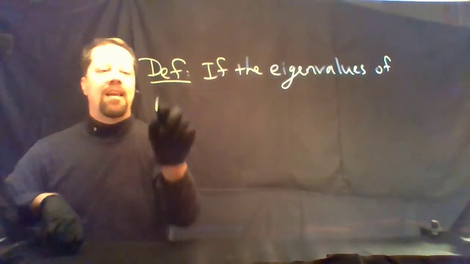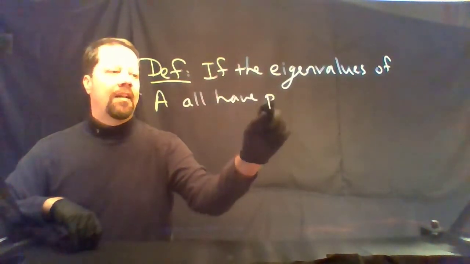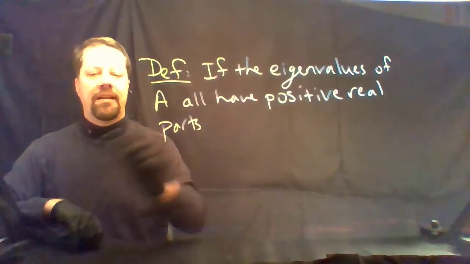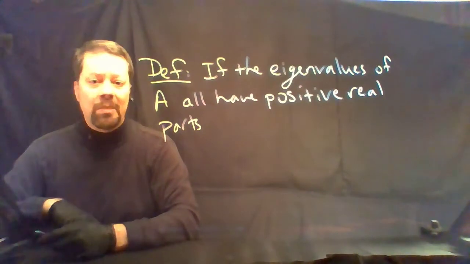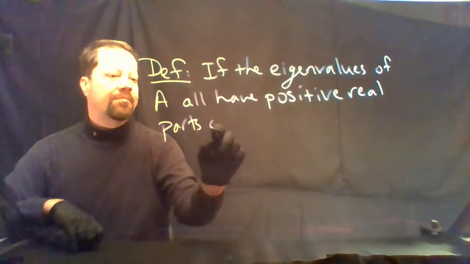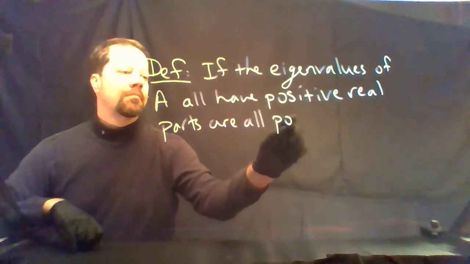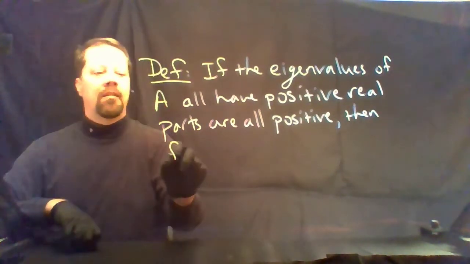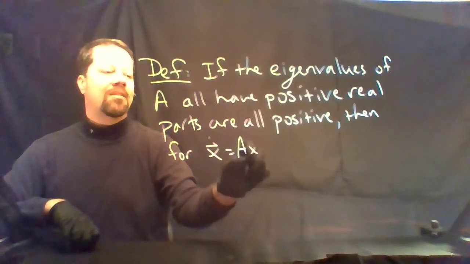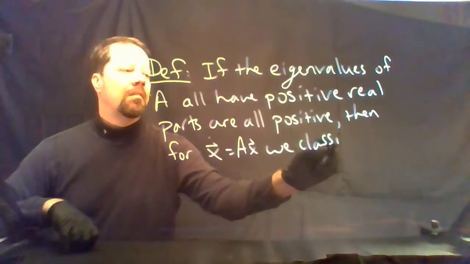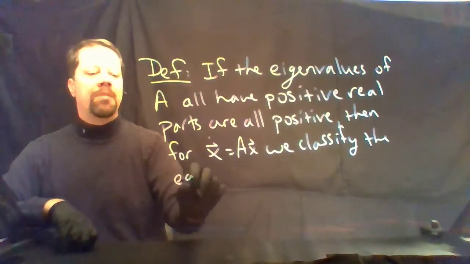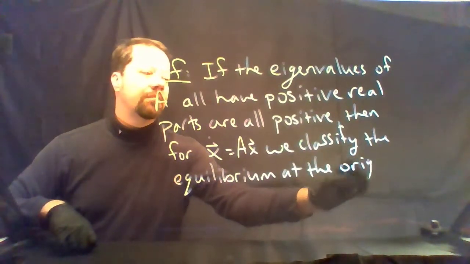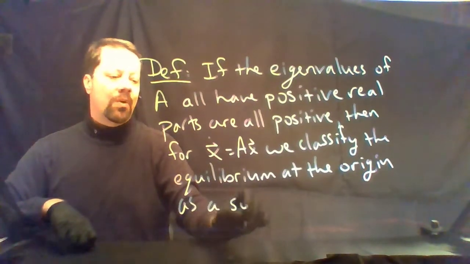If the eigenvalues of A all have positive real parts, as we've seen, some eigenvalues can be complex, but if the real parts are all positive, then for the differential equation x dot equals Ax, we classify the equilibrium at the origin as a source.